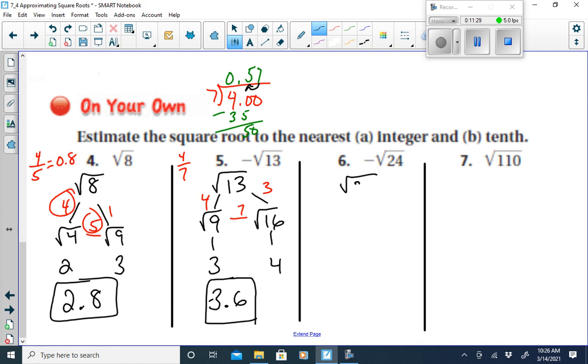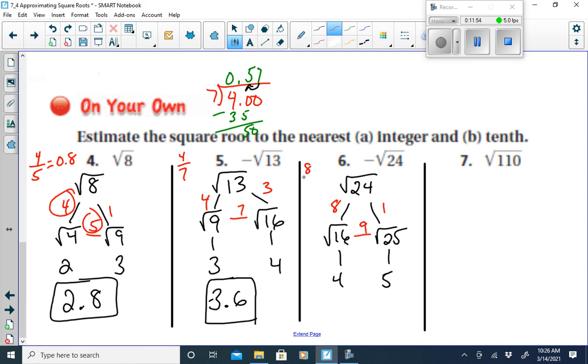Square root of 24, we know falls between the perfect squares of, let's see, 16 is a perfect square number. 25 is a perfect square number. Square root of 16 we know is 4. Square root of 25 we know is 5. Well, we look at the differences here. The difference between these two numbers is 8. The difference between that is 1, so that's 9.